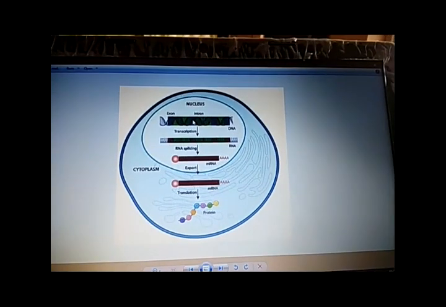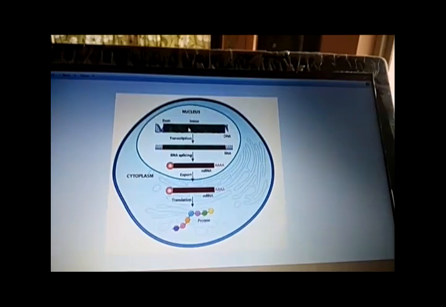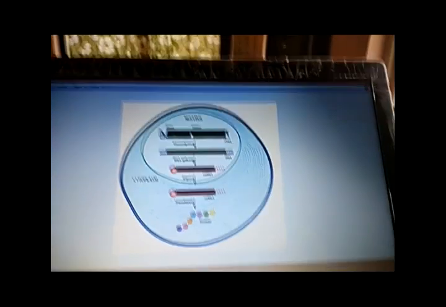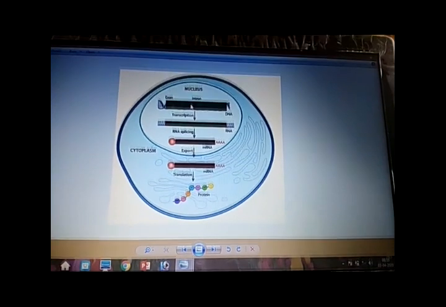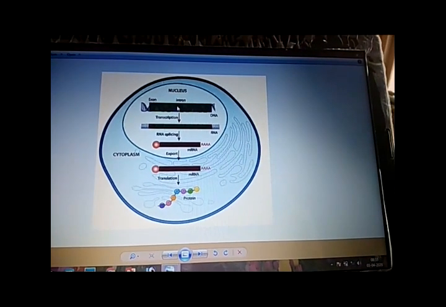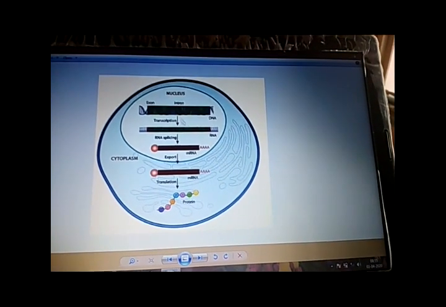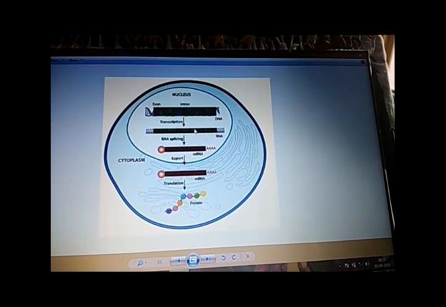As we all know, and as you can see from the slide, the DNA transcribes the RNA.